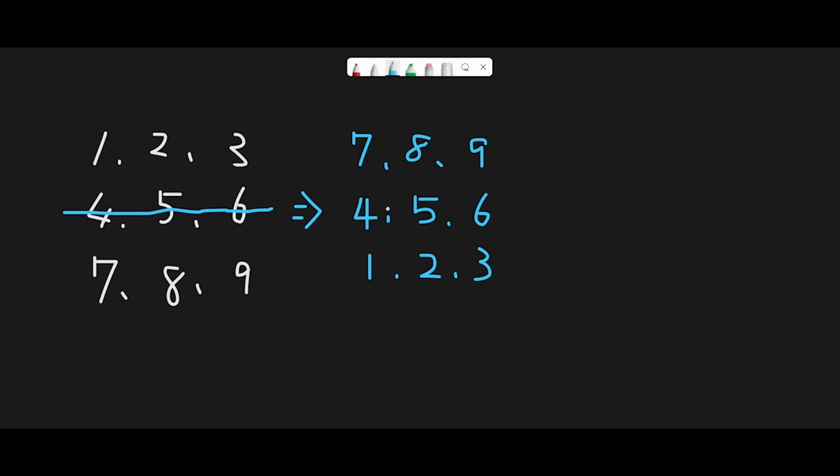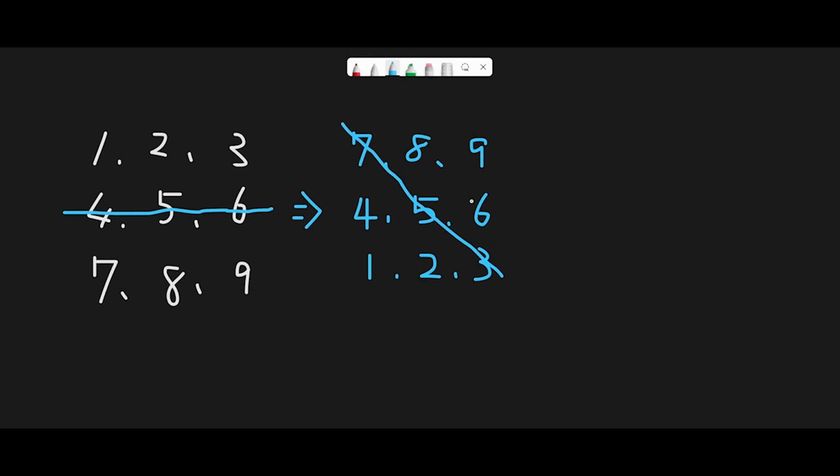After that, imagine the diagonal line like this, from the top left to the bottom right, and then swap 8 and 4, 1 and 9, and 2 and 6.